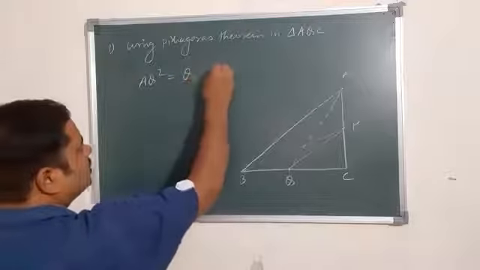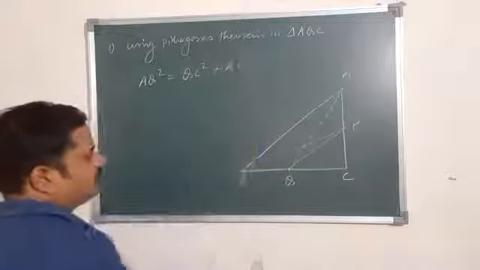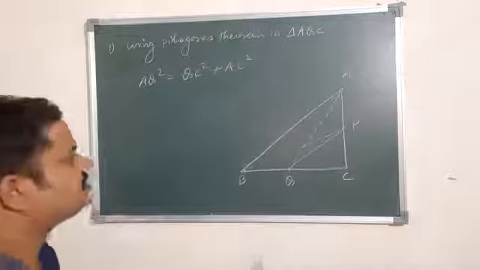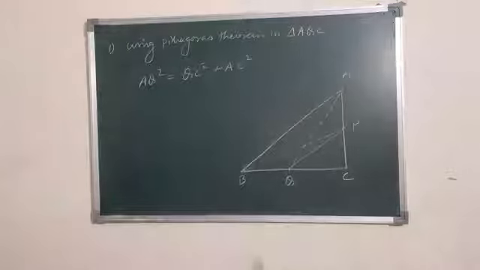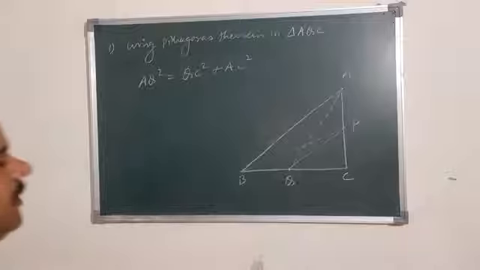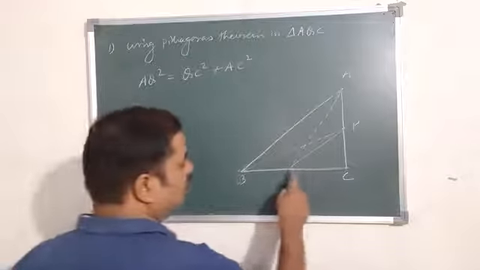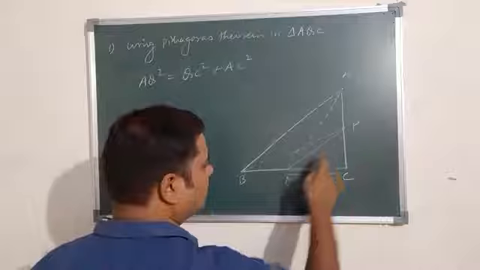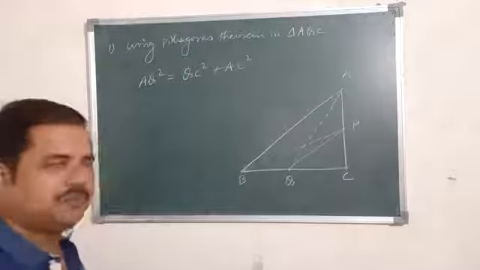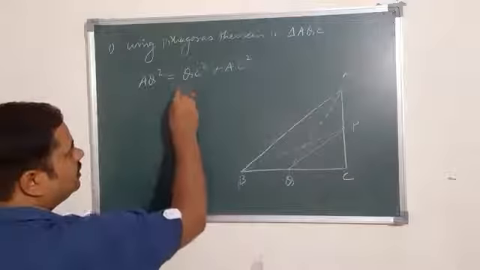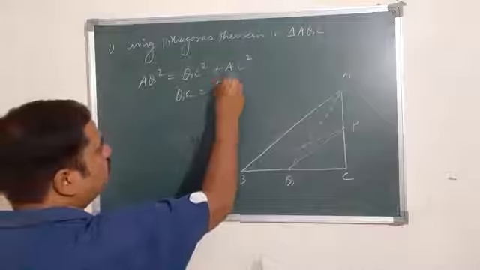And what is QC? QC is nothing but BC by 2, half of BC. Why? Because Q is the midpoint. So we write here QC is equal to BC by 2.